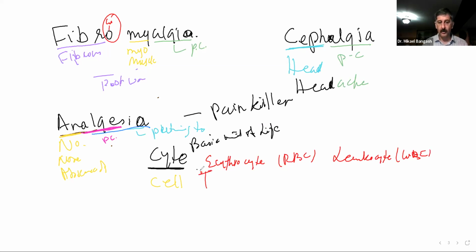Yesterday we ended our discussion with thrombocytes. They don't really form the clot, but they are the cells that initiate the whole clotting process.